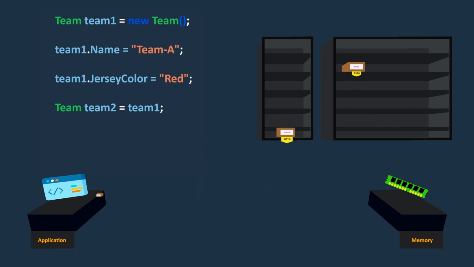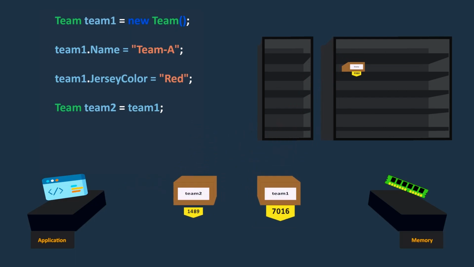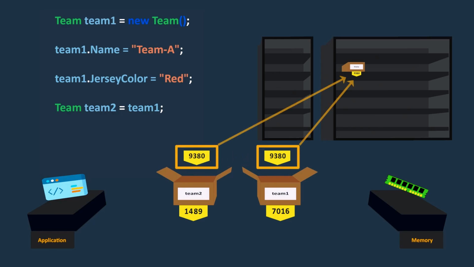Next, by declaring team2 and assigning team1 to it, a new memory location is allocated for the team2 variable. The memory location of the team1 object is then passed to this new variable. As a result, both team1 and team2 variables point to the same memory location that holds the actual data.